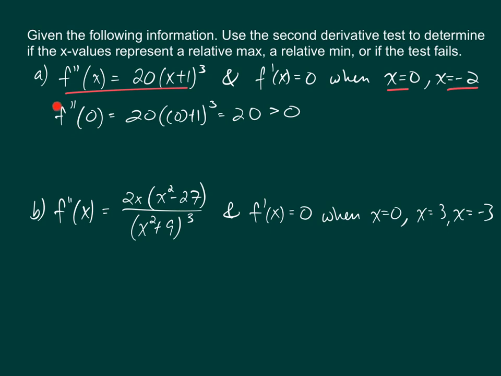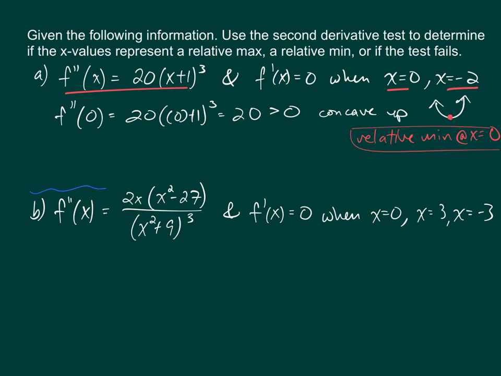So if the second derivative is bigger than 0, this means at this particular x value the graph is concave up. In other words, it looks something like this. So that means this x value would represent a relative minimum at x equals 0, because it is concave up at that particular point.